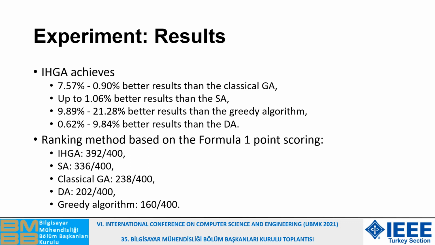Finally, to ease the comparison of the 5 mentioned algorithms, we utilized a ranking method based on the Formula 1 scoring system. Our algorithm comes first with a total score of 392 over the maximum possible score of 400, among the 4 other algorithms having 336 to 160 points.